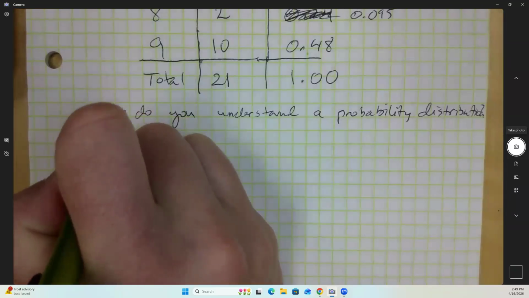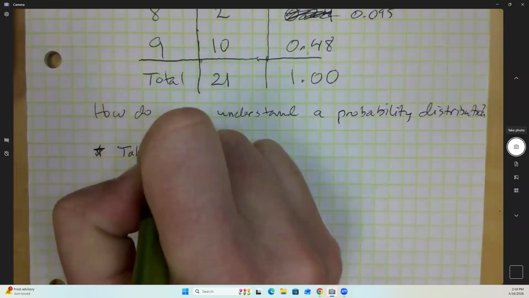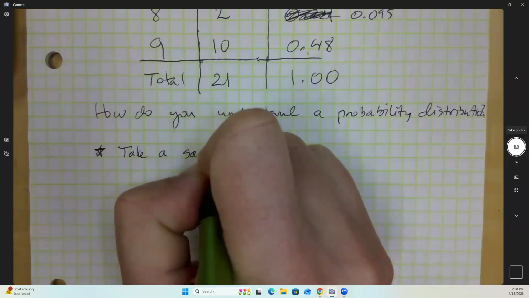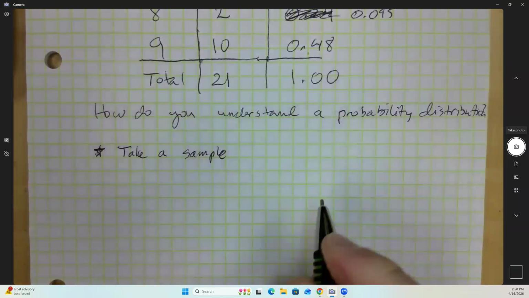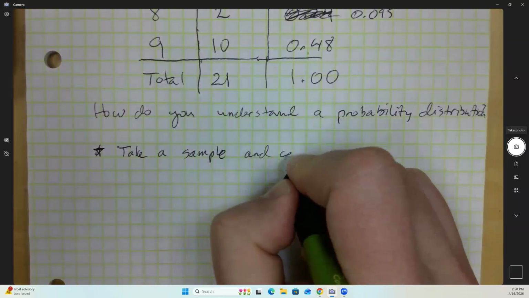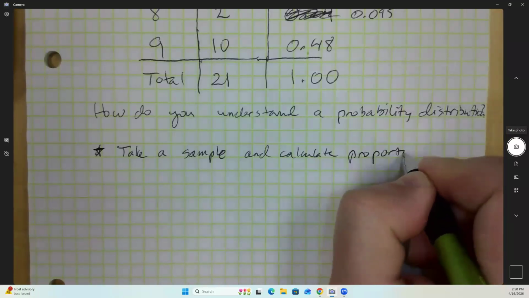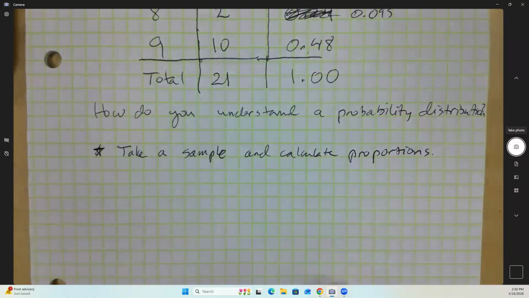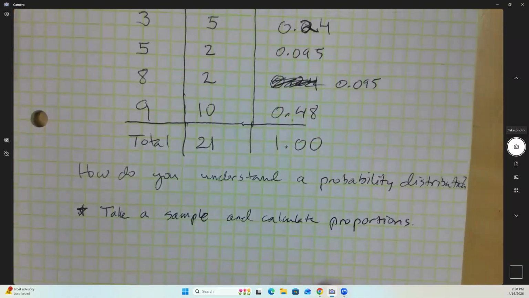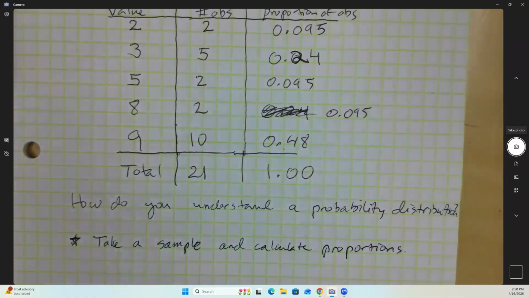One way is to take a sample, which is what we just did, ideally a sample with replacement, and calculate proportions. That's what our relative frequency table gave us.